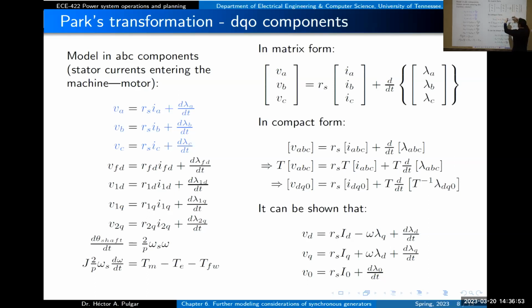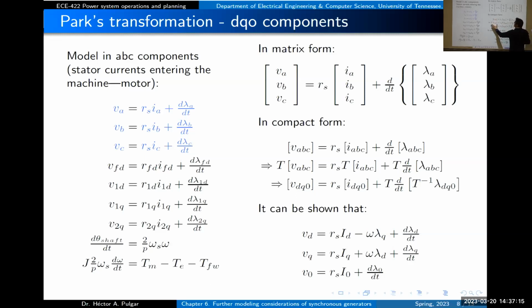For simplification, we present this in compact form, like this. This is the same vector of voltages A, B, and C, right here, the vector of currents, the vector of flux linkages. If we take this linear equation and multiply from the left by T, we obtain this.